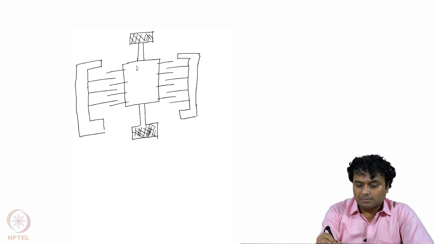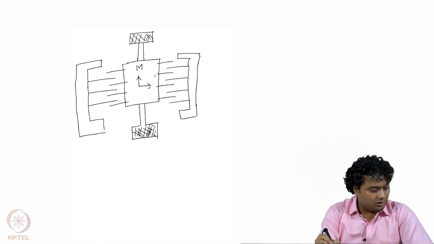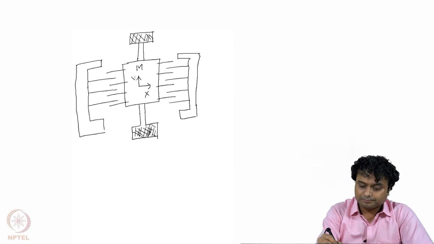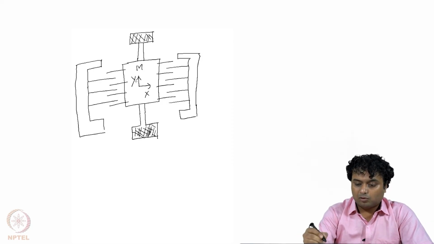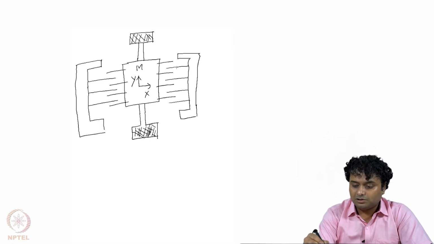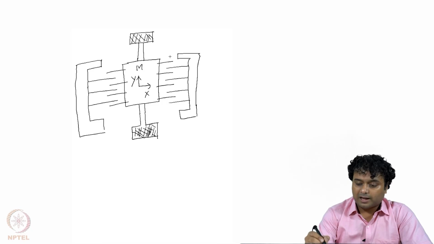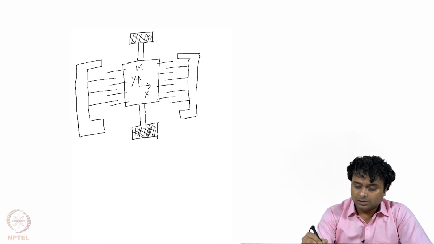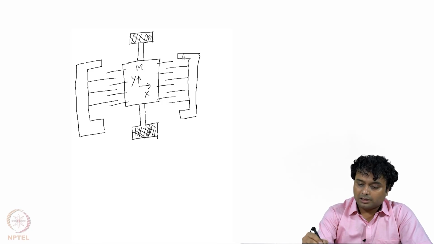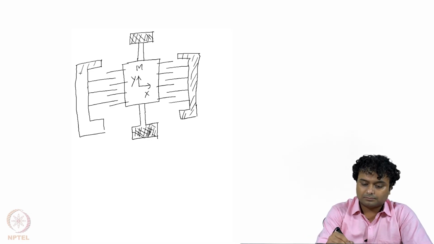So this mass M can move in x and y both the directions, okay, and the voltage is applied between the static combs and the moving combs. So these combs which are connected to the proof mass are the moving combs, right, and the other combs which are connected to this static plate cannot move.